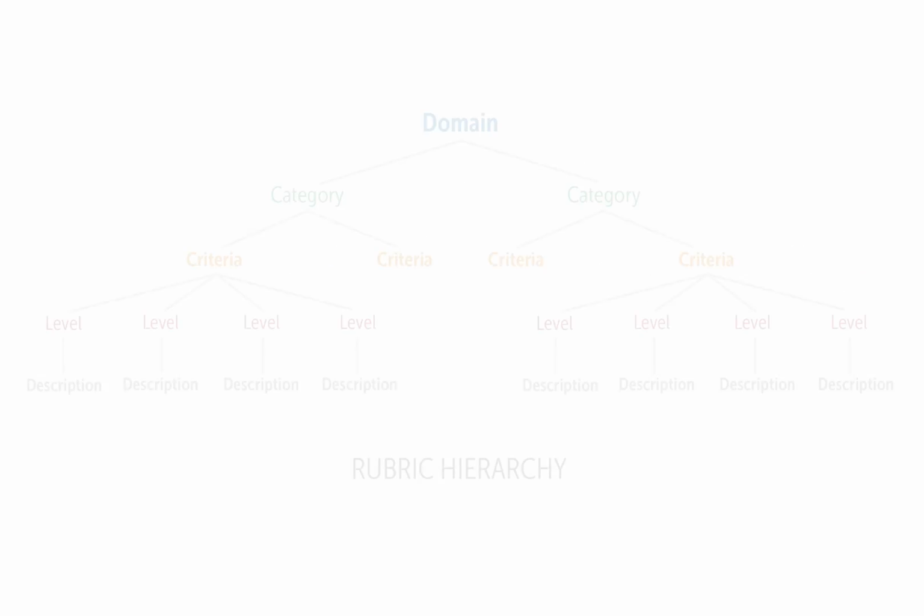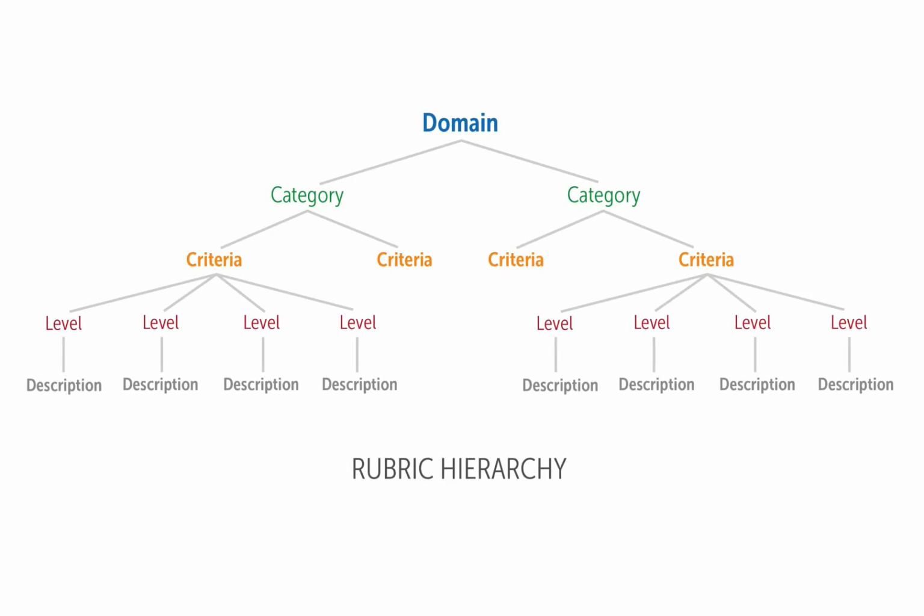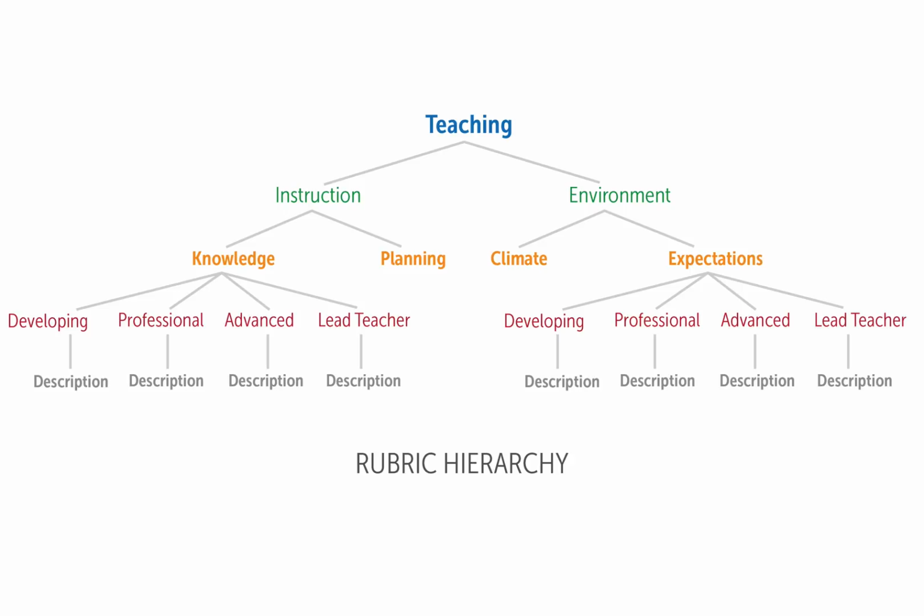So if we were to take a higher level look at this, more of an abstract view of the hierarchy, we've got what we call the domain, which is the highest level of organization, and under that categories, then the individual criteria that you use to make your evaluation, and then each one of those has a set of levels, and under that, descriptions that help you define what that particular level looks like for a teacher to achieve.